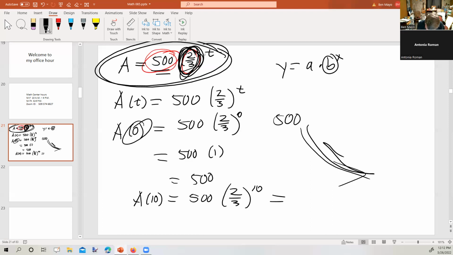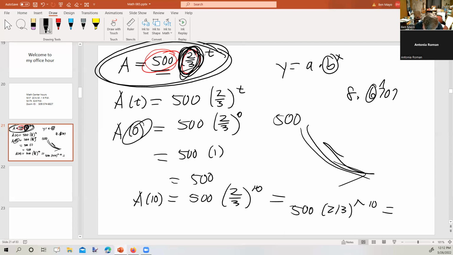So on my calculator, I'm going to go 500 and then parentheses 2 divided by 3, close parentheses, and then the little caret exponent key, and then a 10. So 500 (2/3) caret 10 equals, and it says 8.6707. It says round to the nearest 1/10 of a gram.